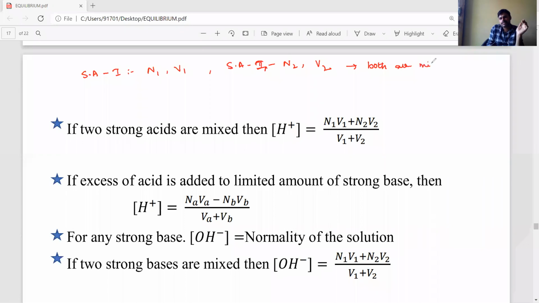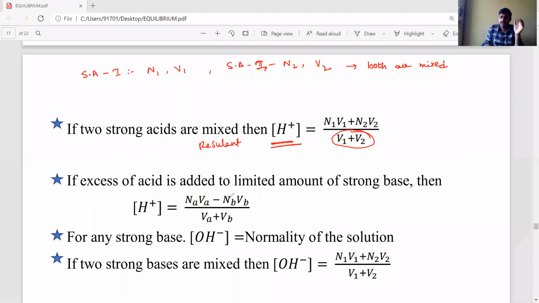Both are mixed. Then the resultant H plus ions concentration is equal to N1V1 plus N2V2 by V1 plus V2. V1 plus V2 means the total volume of the solution. Already these formulas we have discussed in basic concepts of chemistry.